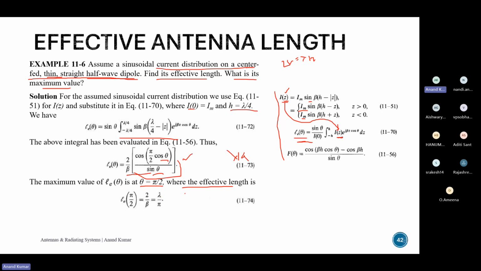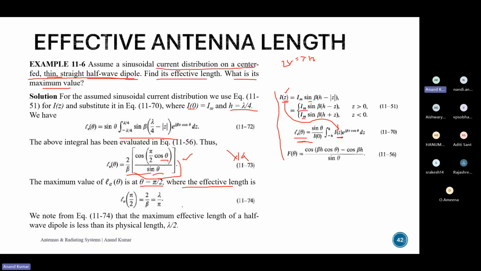Sorry, h is lambda by 4, so its physical length is lambda by 2 because we have 2h. The length of the dipole is h plus h, which is lambda by 4 plus lambda by 4, so this is lambda by 2. Although the physical length is lambda by 2, its effective length is lambda upon 3.14, which is smaller.